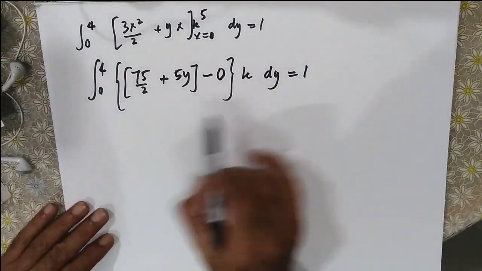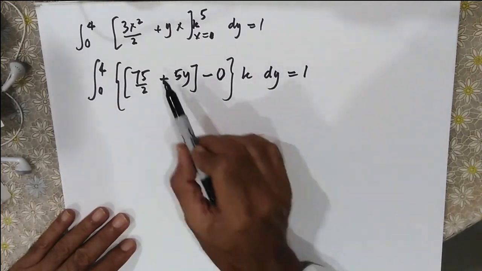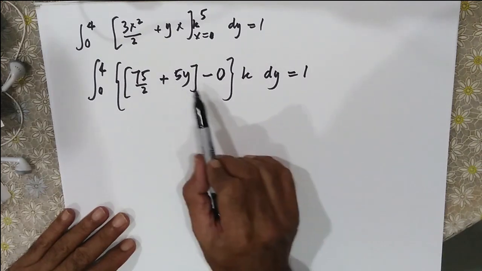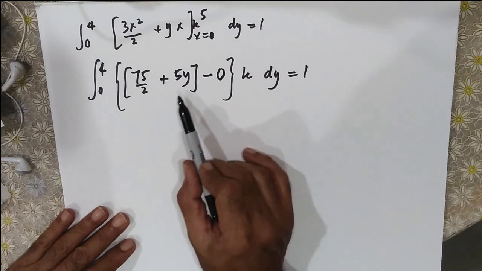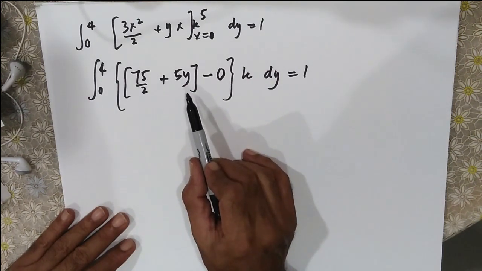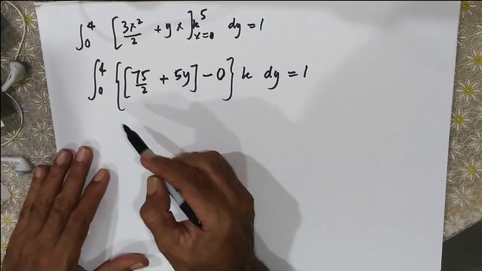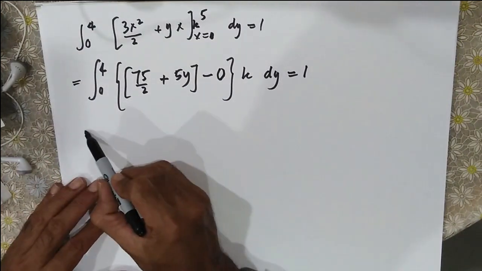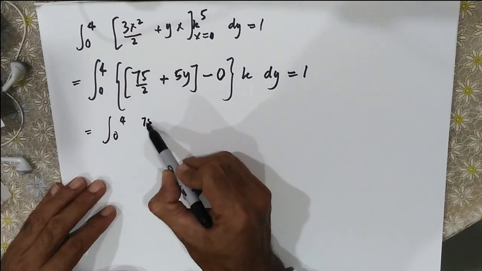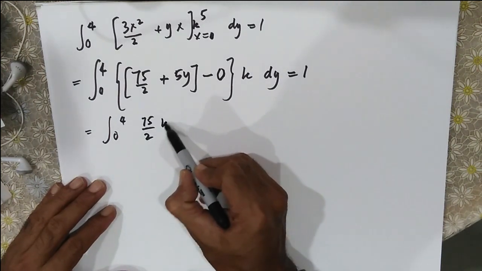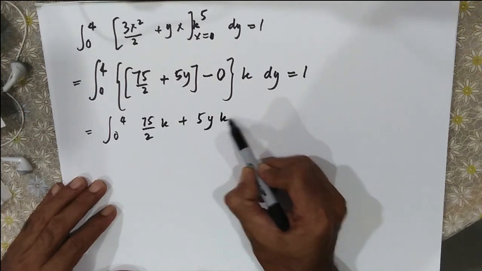So now I have k there. This refers to this part. Okay. So now I need to integrate with respect to y. So I just simplify this thing here. Simplify here, 0 to 4, 75 over 2 k plus 5yk dy.